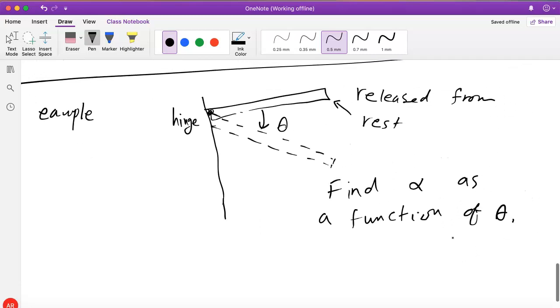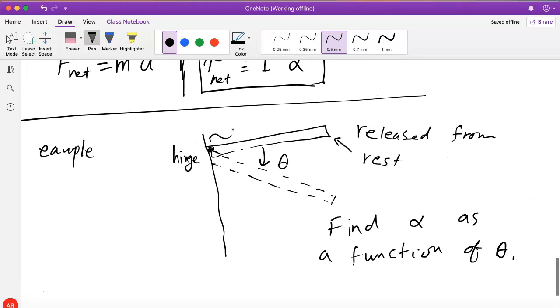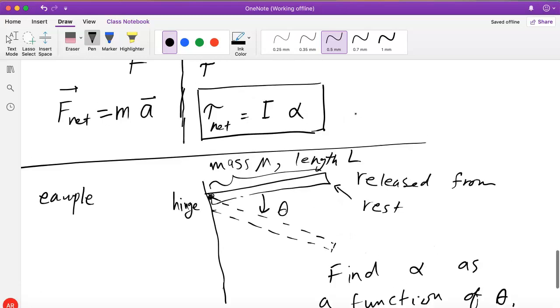So again, as usual, we're saying that the rod has mass m, length L. So in terms of these things, when the rod is at position described by angle theta, what is its angular acceleration? So pause the video, take a piece of paper, and try to find this. The strategy is, again, to use this equation here.